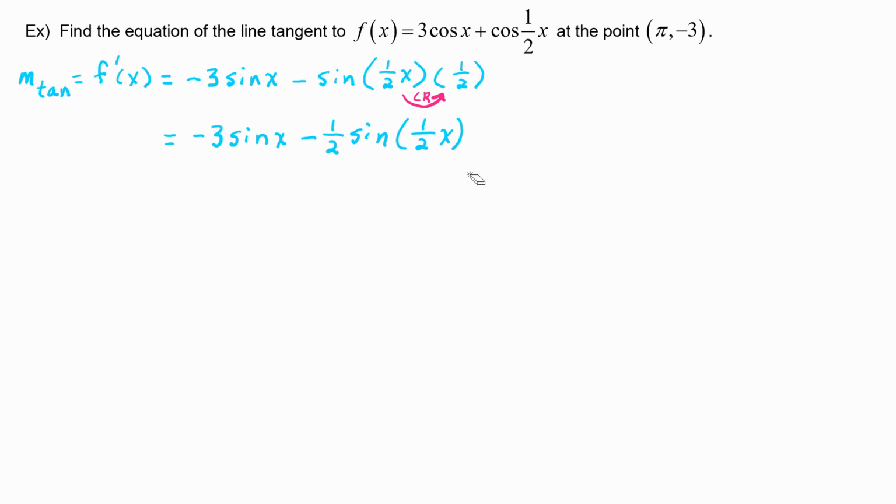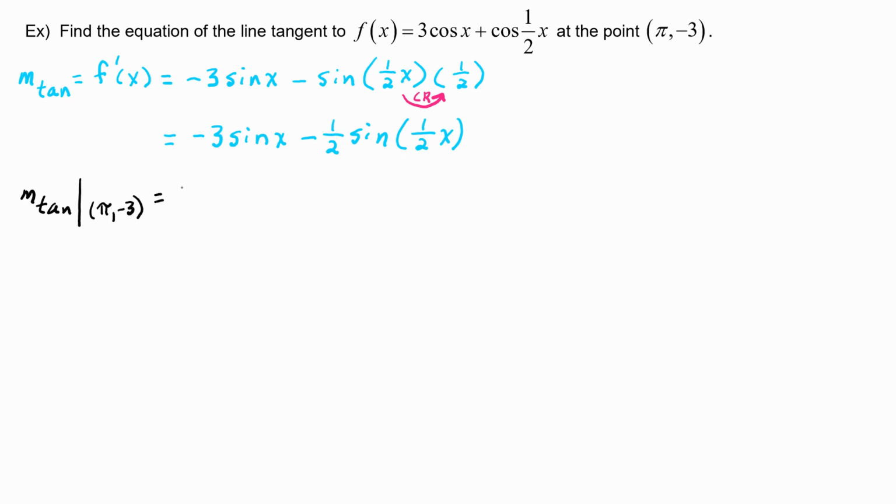Now this gives us a formula that tells us the slope of the tangent at every point on f of x. We are only interested in the slope at the point pi, negative 3. So let's evaluate the slope of the tangent at the point pi, negative 3.